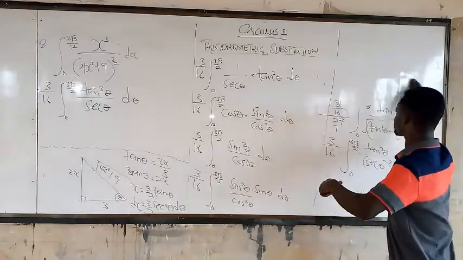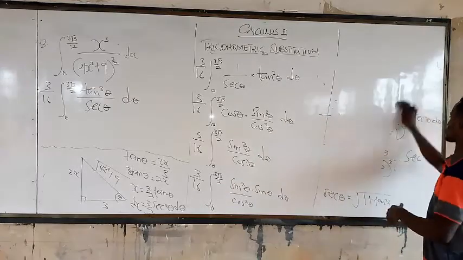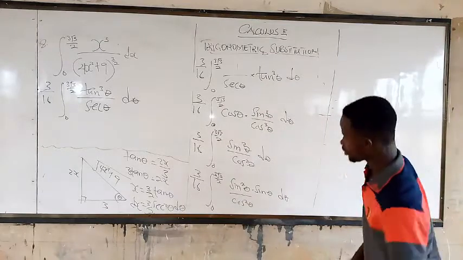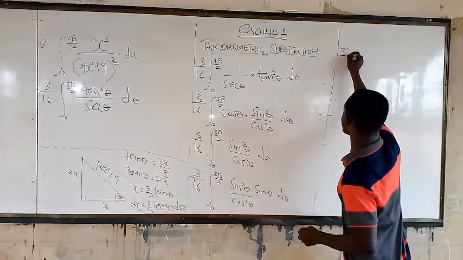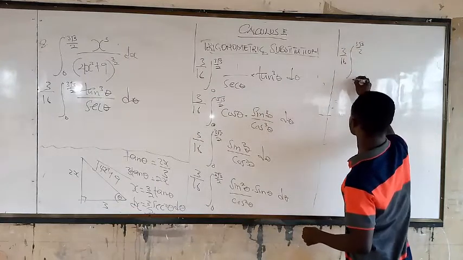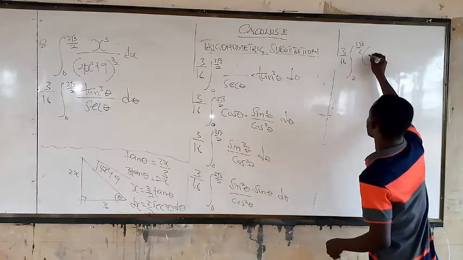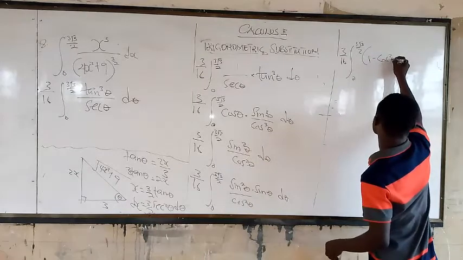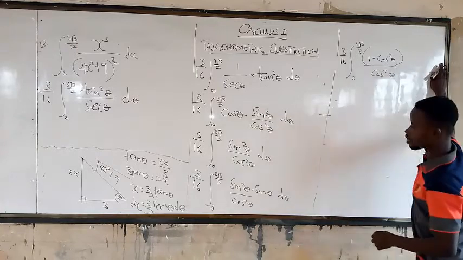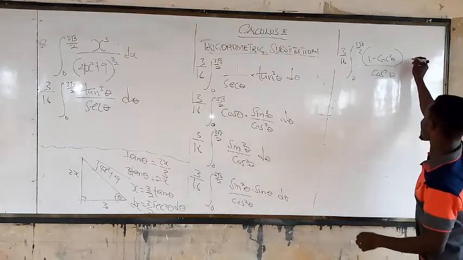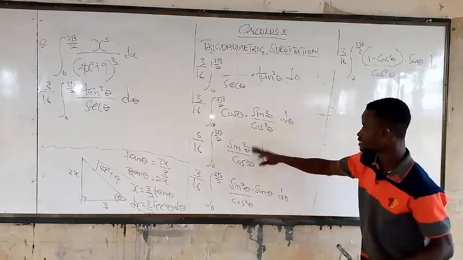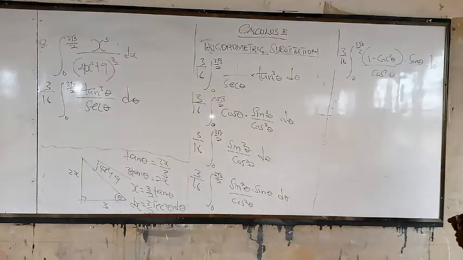So here, 3 over 16 square root of 3 root 3 over 2, 0. Here we are going to get 1 minus cos squared theta over cos squared theta, alright? Times sine theta d theta.